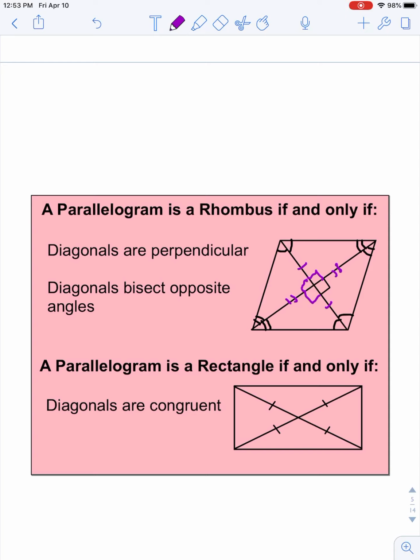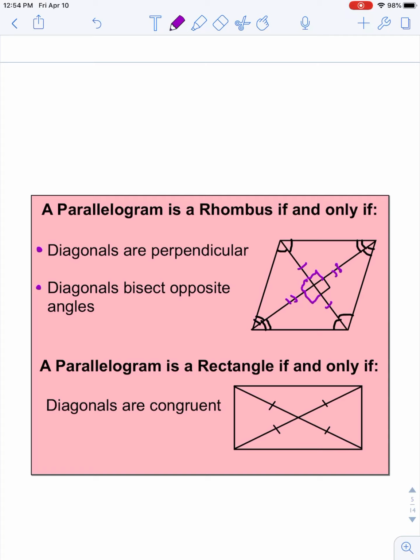Remember, when you're talking about if and only if statements, biconditionals, we can have a parallelogram being a rhombus, and then these two properties will apply. Or we could show that these diagonals are bisecting the opposite angles, or the diagonals are perpendicular, and that will then tell us that it is in fact a rhombus.